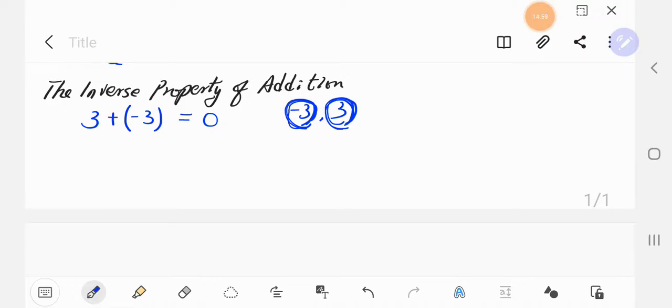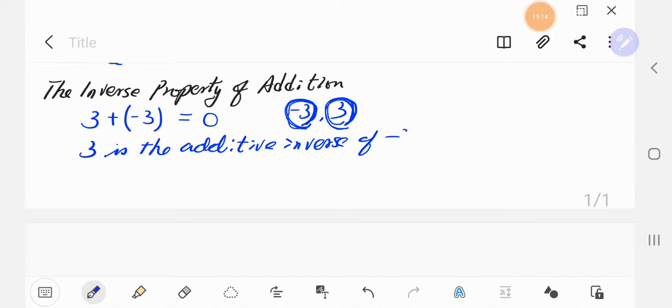So we can say 3 is the additive inverse of -3, because the sign is different. Or 3 is the opposite of -3, right? So if a number is the opposite of another one, then that number is the additive inverse of that number.